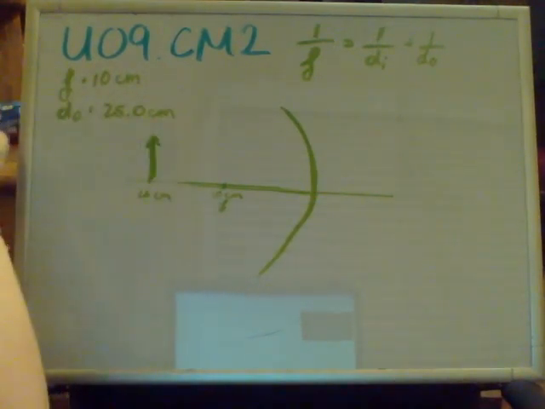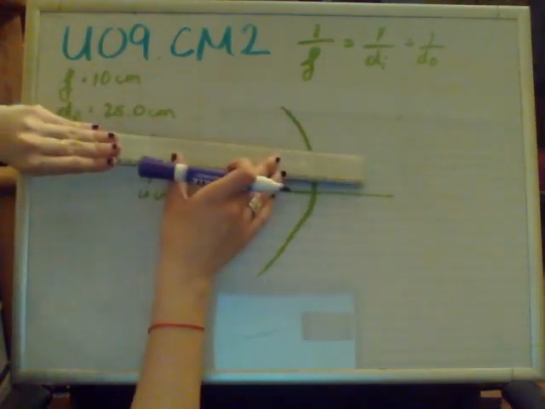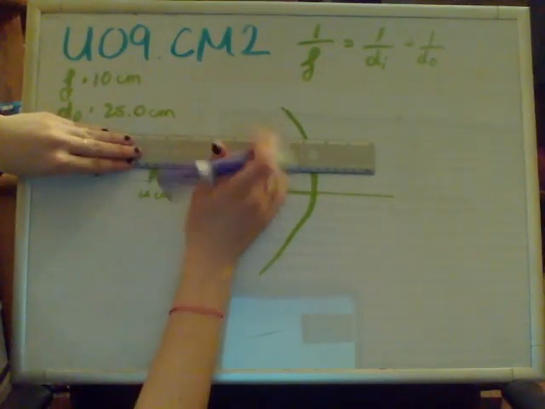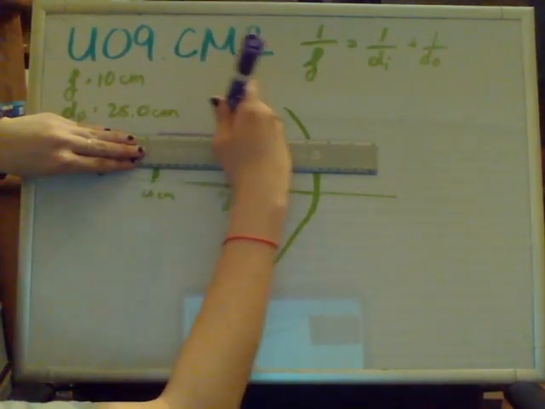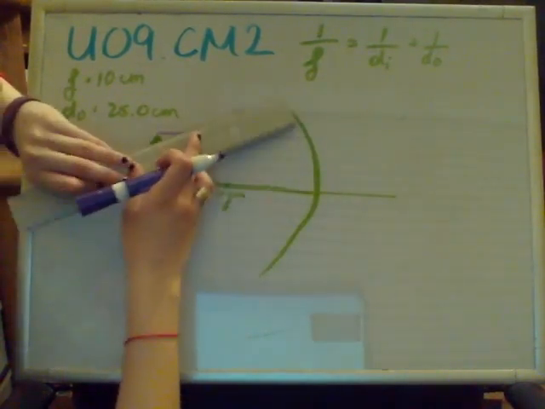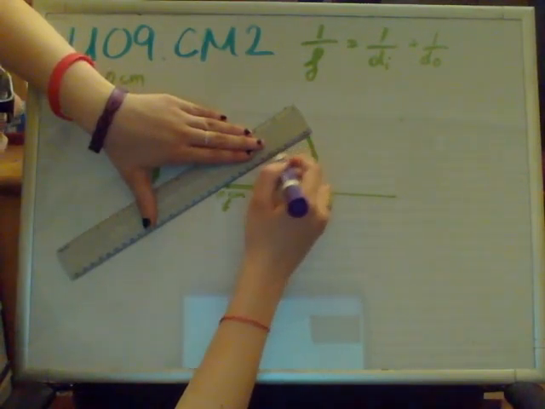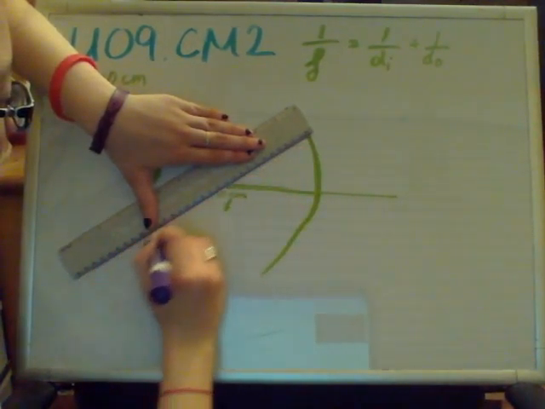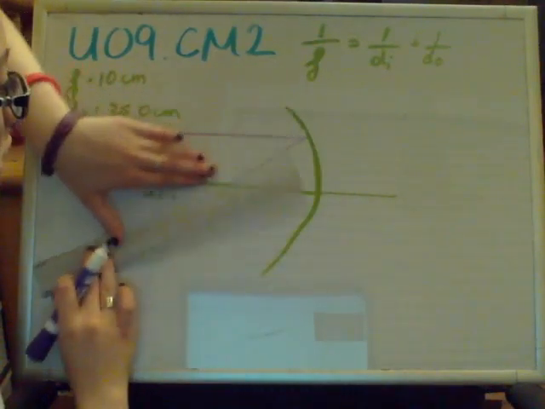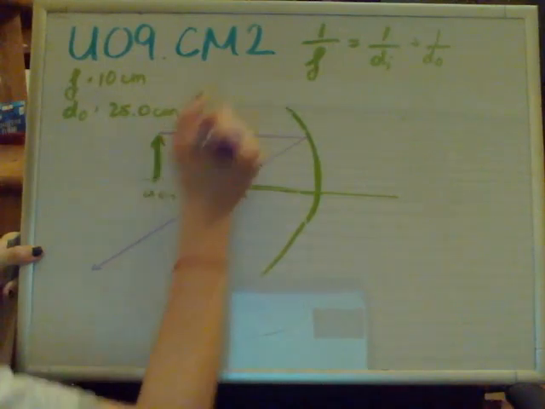So we draw the ray parallel, and right when it hits the mirror, it's going to go through the focal point. That's our parallel ray, so let's label that parallel.